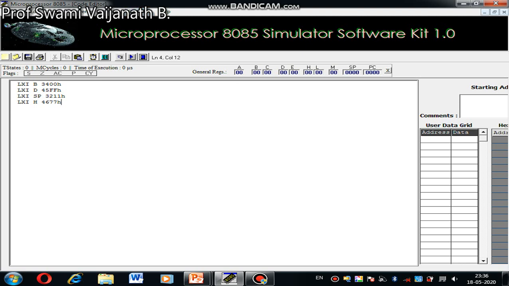I execute this. You see here, observe this. The BC address is 3400H, the DE address is 45FFH, the HL address is 4677H, and the SP address is 3211H.